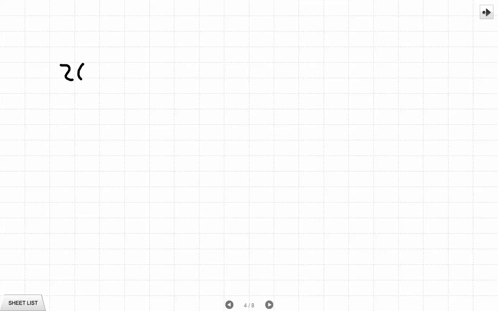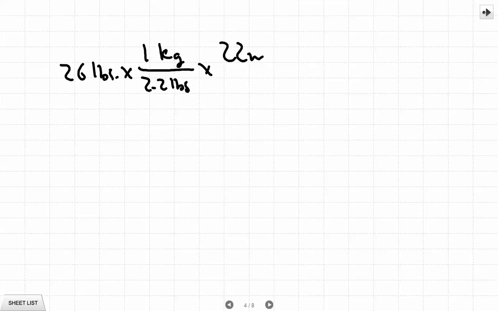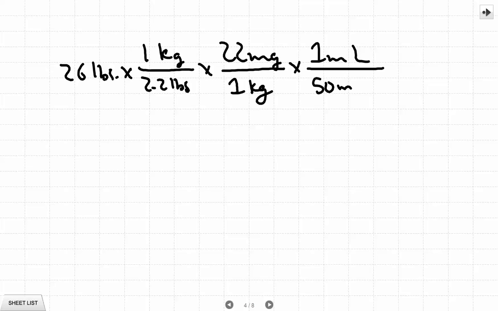So 26 pounds, 1 kilogram is 2.2 pounds. We want to give 22 milligrams for every 1 kilogram of patient weight. And I know 1 milliliter of solution contains 50 milligrams of the drug.